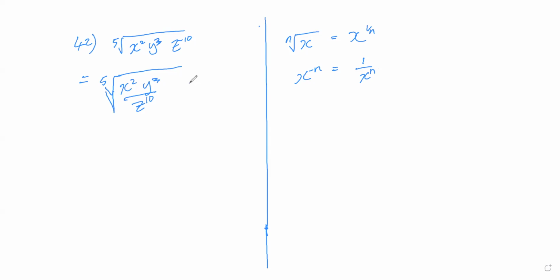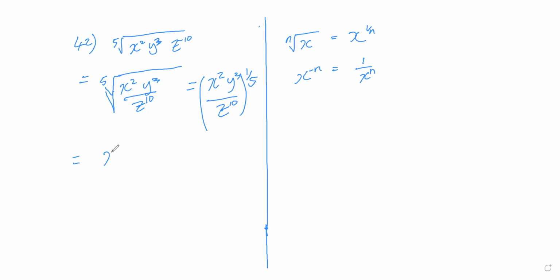Then to write this without radicals, it becomes x squared y cubed over z to the 10, all to the power 1 over 5, by this other law of radicals. We can also simplify further by distributing the exponent 1 over 5 to each of the expressions in the bracket.